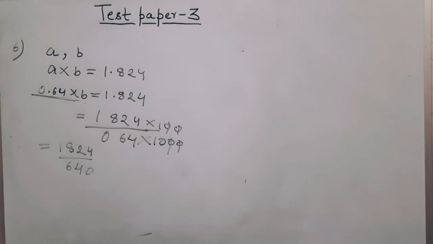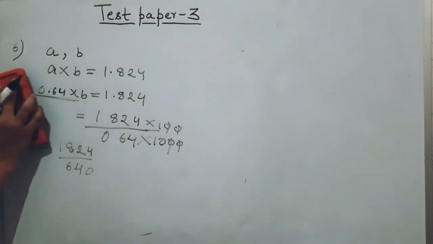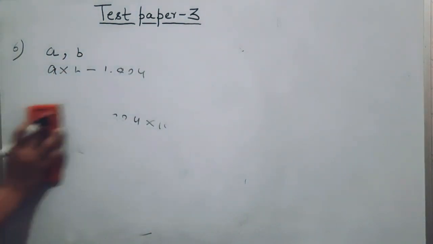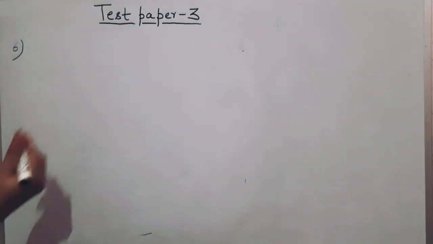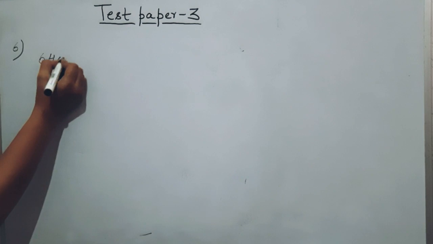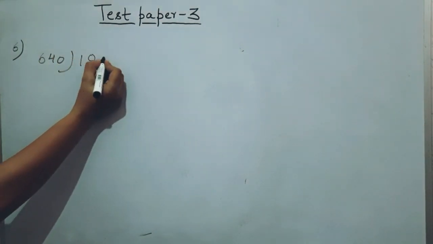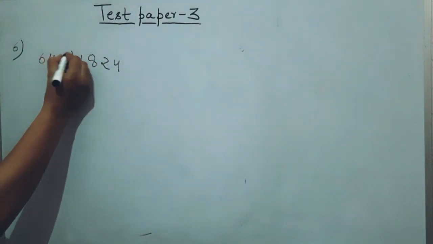Now can we perform the division? Yes, we can perform the division. So students, as you can see, I have to divide 1824 by 640. I am going to erase this as there is no space. 1824.